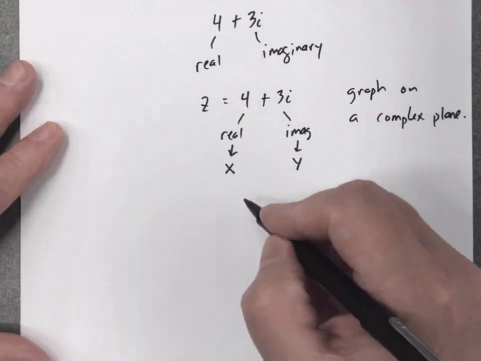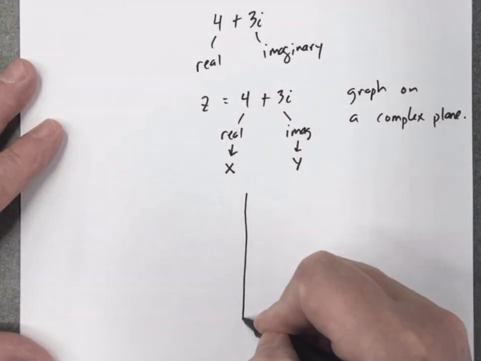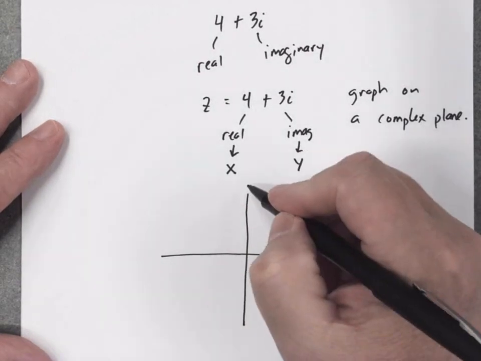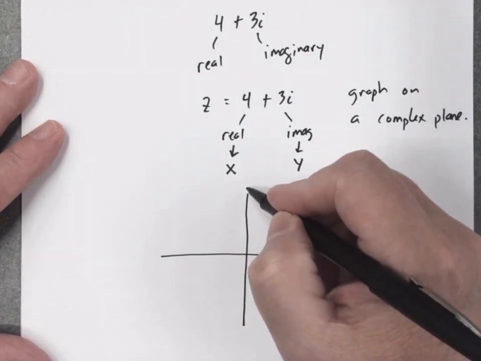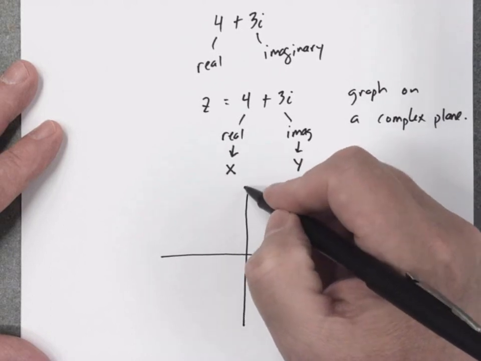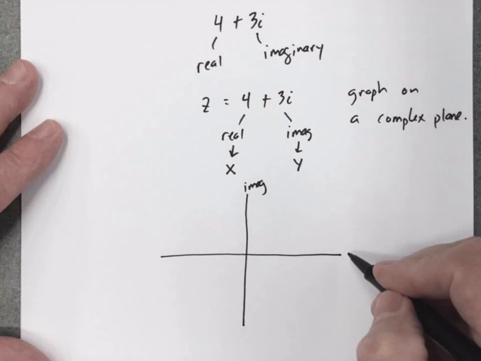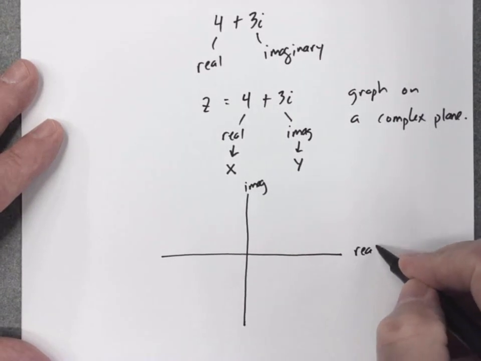Matter of fact, I'll do it quickly. So I'm not going to label this vertical axis y. Instead, for now, I'll just label it as the imaginary axis and this as the real axis.